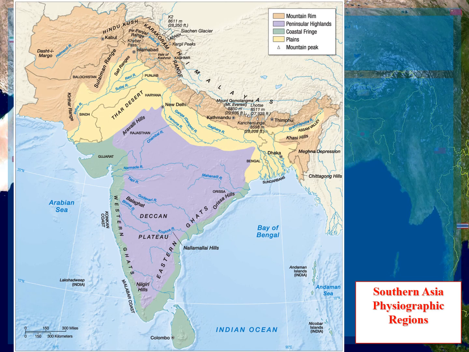So the Indian plate, as we saw on the last slide, is pushing up against the Eurasian plate. The movement of that plate, which is still continuing to move, pushes up against the Eurasian plate and causes the Earth's crust to lift up. And that creates the Himalayan mountains. So if you remember from way back in the very beginning of the course, we talked about the convergence of two continental plates, and that's exactly what we're seeing here.